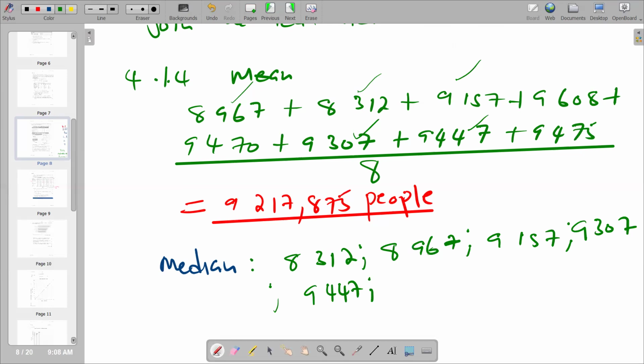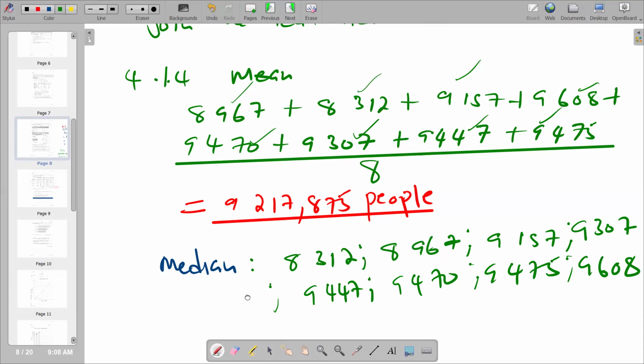Then 9,470. And then we put the 9,475. Then we put 9,608, which is this one, which is the last one.